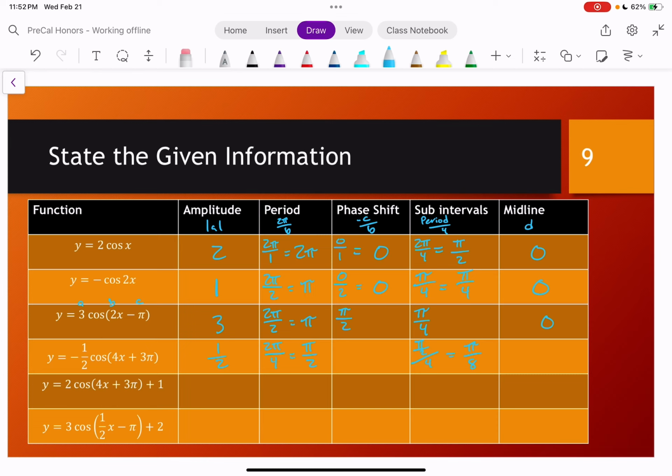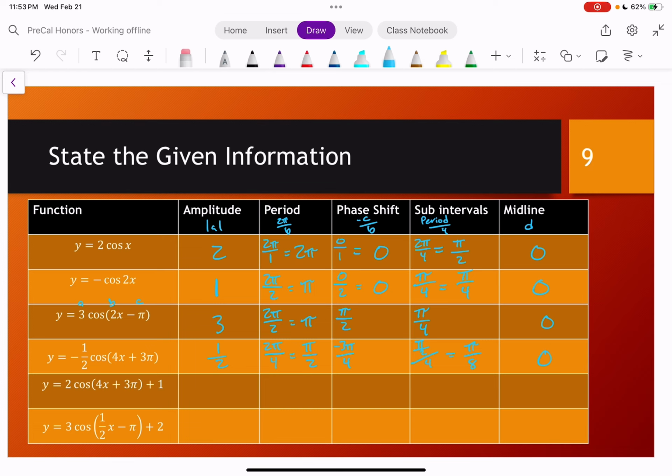We take care of our phase shift. A negative c would be a negative 3 pi over b, which is 4. Once again, we have no midline here, which means 0 is our answer.